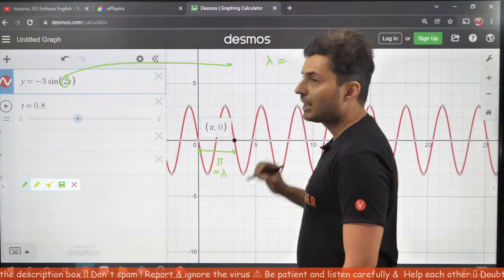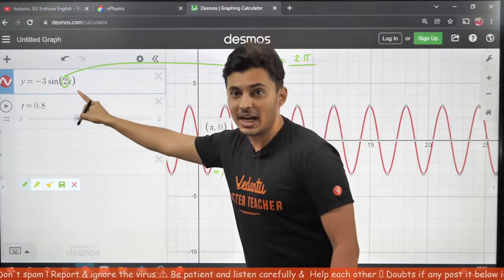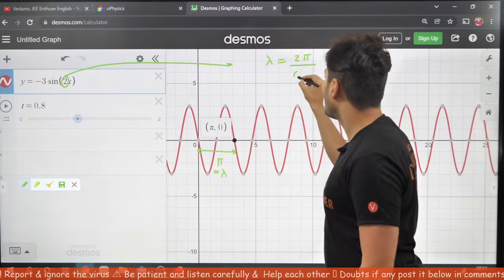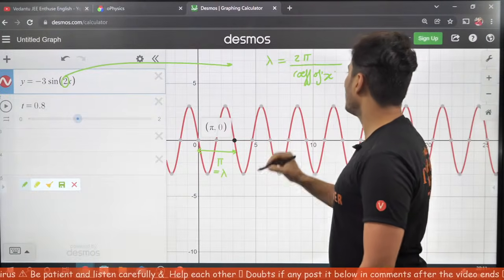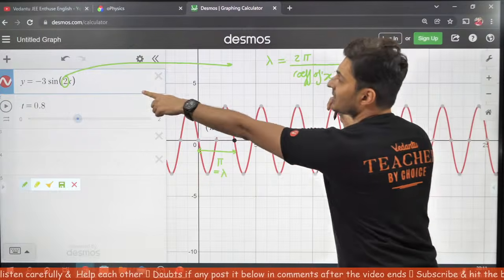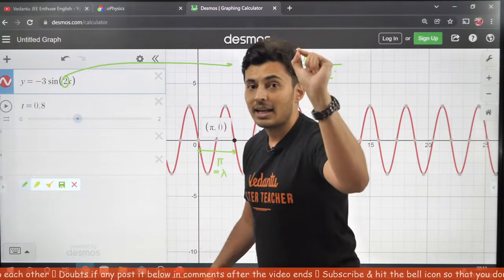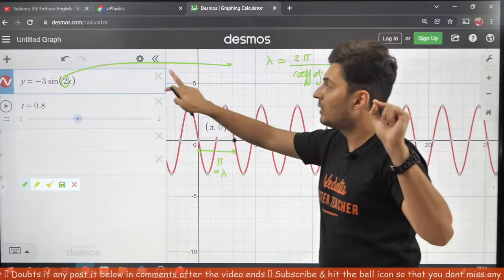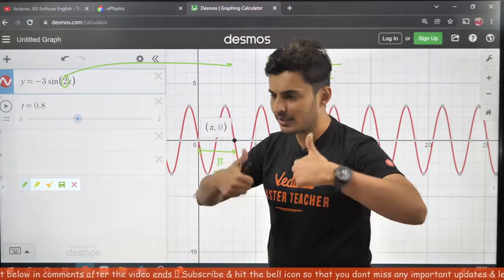It will be 2 pi divided by that coefficient of x. If the coefficient is 1, lambda is 2 pi. If it is 2, then the 2 cancels and it becomes pi. So it is 2 pi divided by the coefficient of x. Everybody understanding it? Got it?